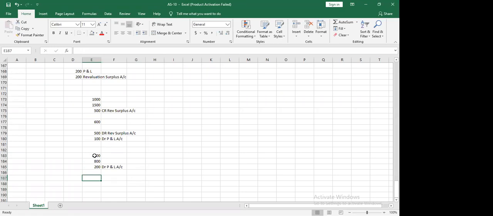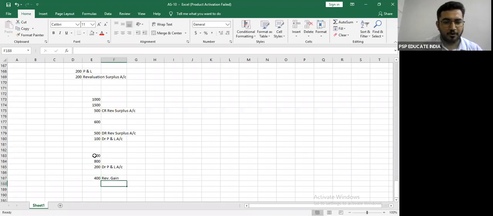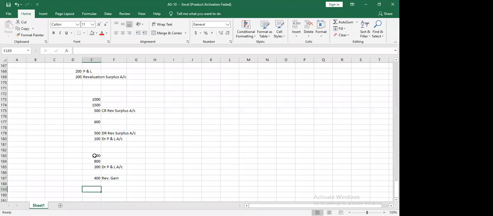So there is a revaluation gain of 400. First we set off the revaluation loss of rupees 200, and then the remaining 200 will be credited to revaluation surplus account.